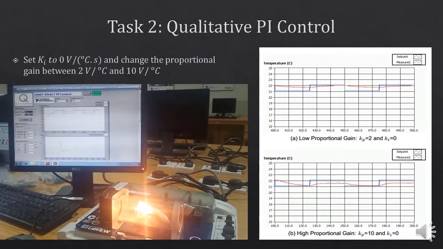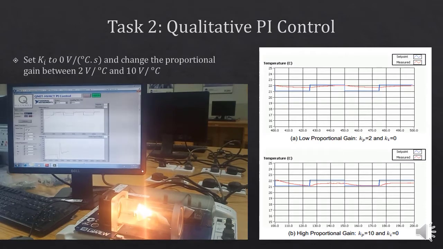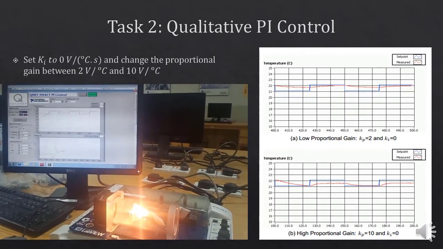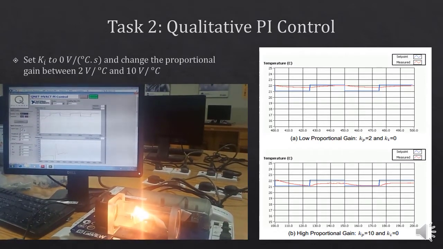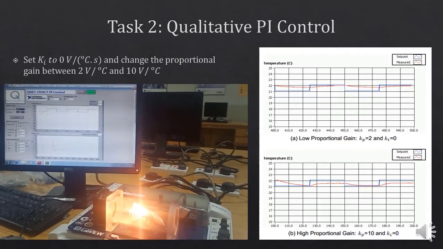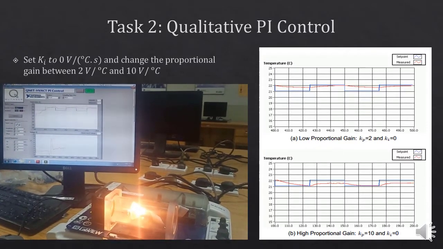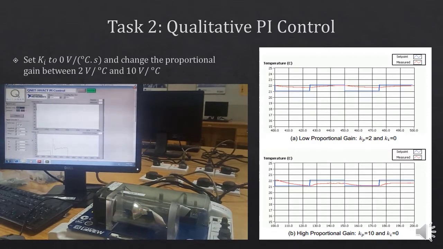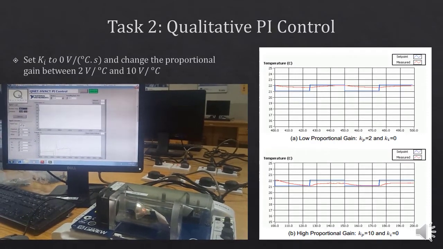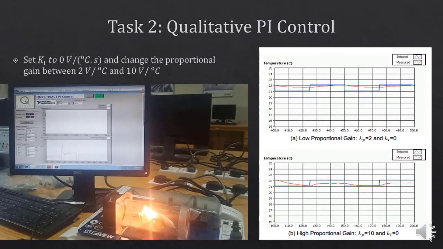Now I am increasing the proportional gain and changing its value to 10. You can see from the graph the system response has sufficiently increased.